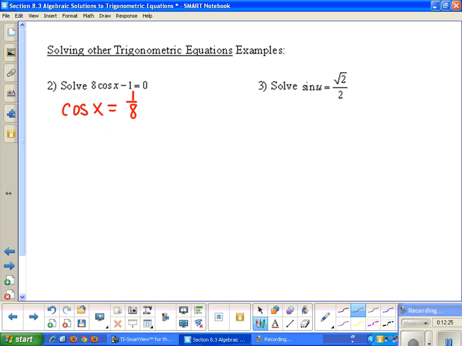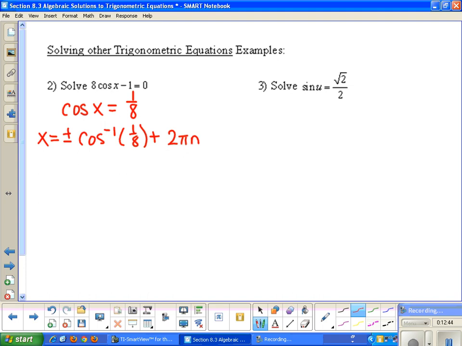So if I want to find my solutions, I know that x is going to be equal to, because it's in between -1 and 1, plus or minus the cosine inverse of 1/8 plus the period of my function, which I know is 2 pi n.